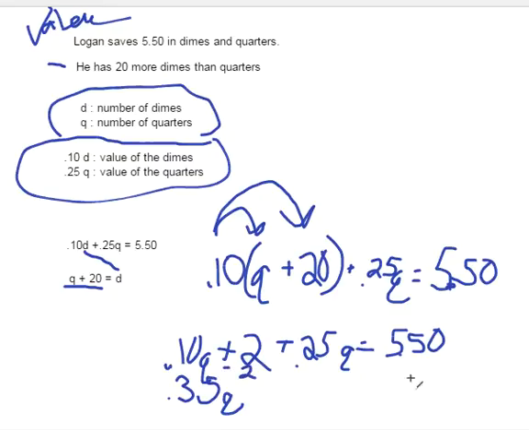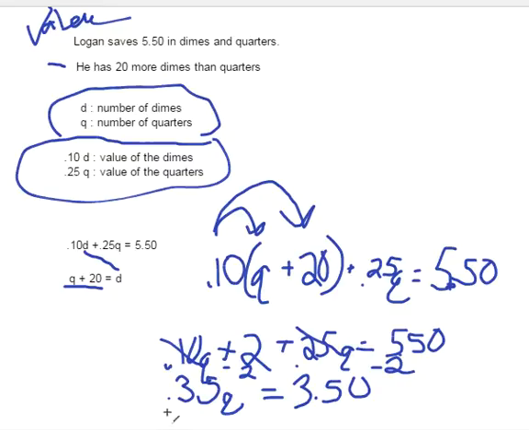I'm going to minus 2, and everything you do to the left, you have to do to the right. So I'd already combined the Q's. Now minus 2 from both sides. 5.50 minus 2, I can do that in my head. Yep, it's 3.50. So now we have 0.35Q equals $3.50.